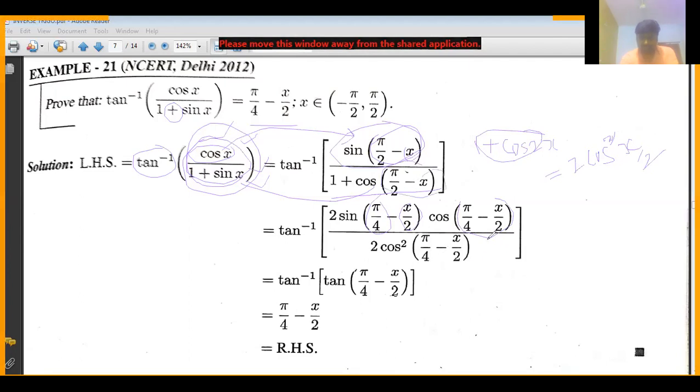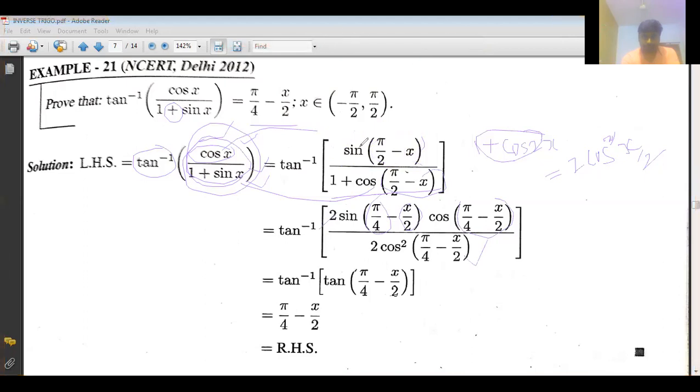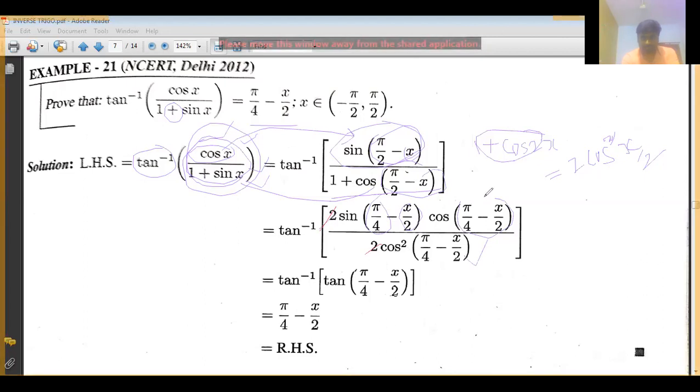See here. Clear? Now, see, the 2 gets cancelled. One cos of pi by 4 minus x by 2 and another cos of pi by 4 minus x by 2 cancel. Then what will you get?